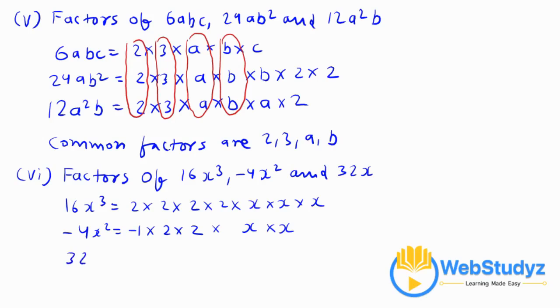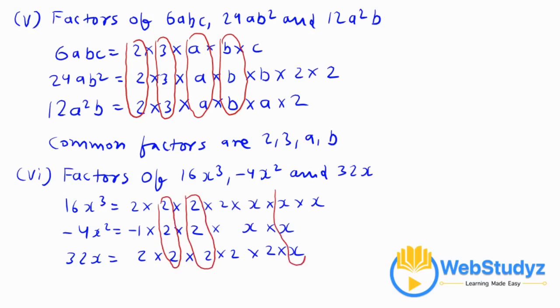Now factors of 32x will be 2 into 2 into 2 into 2 into 2 into x. So the common factors will be 2, again 2 and x.